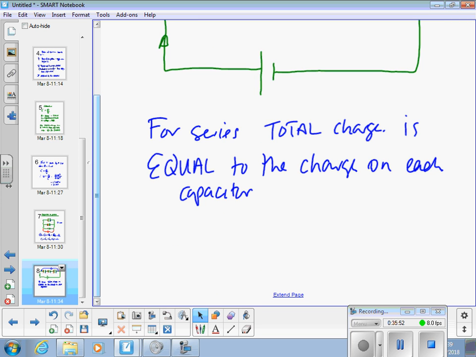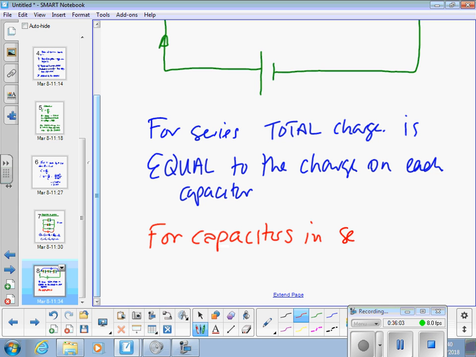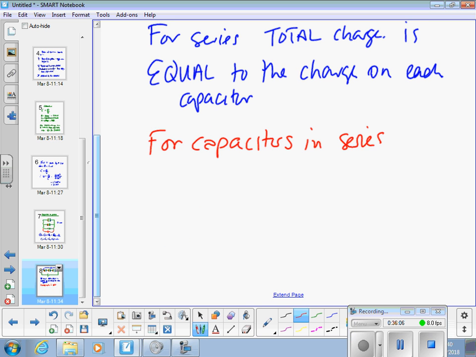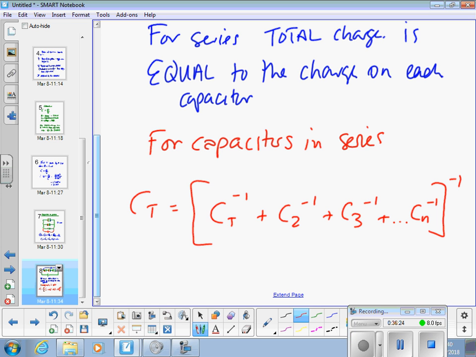So for calculating capacitors in series, CT is equal to, this might look a little familiar, the equivalent of the parallel resistor formula.